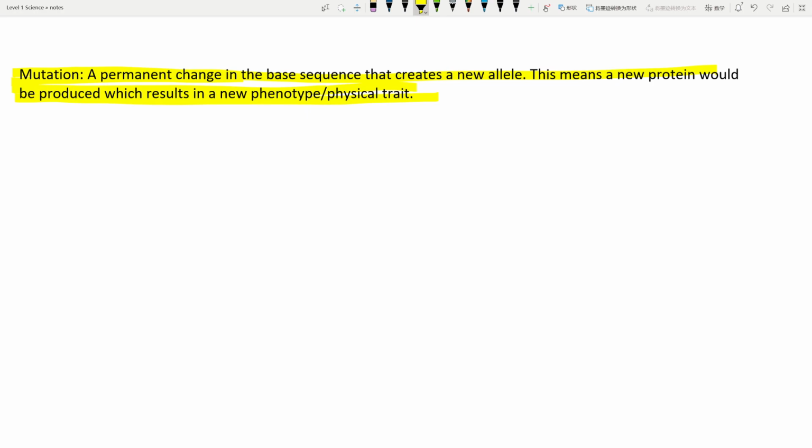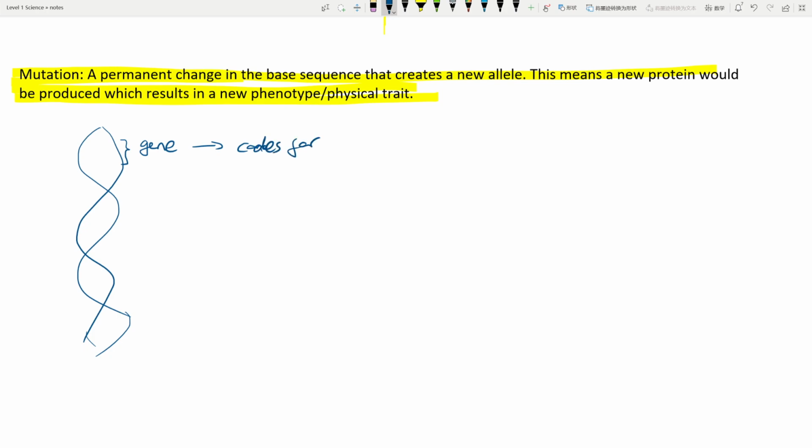So just a quick recap. Remember that DNA is a double helix structure, and this contains all of your genetic information. A small section of the DNA is a gene. A gene codes for one characteristic, and then you have different versions of the same gene.